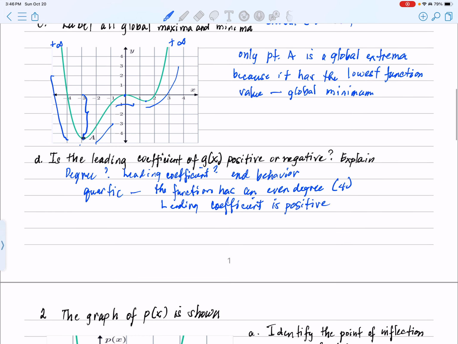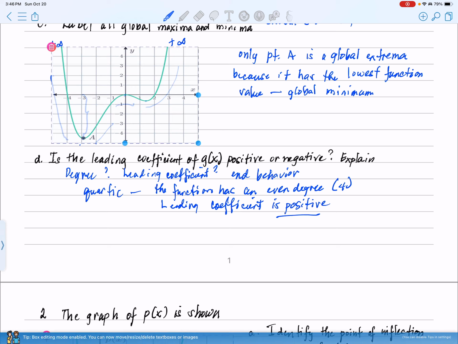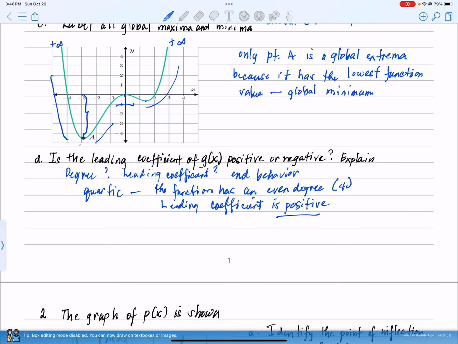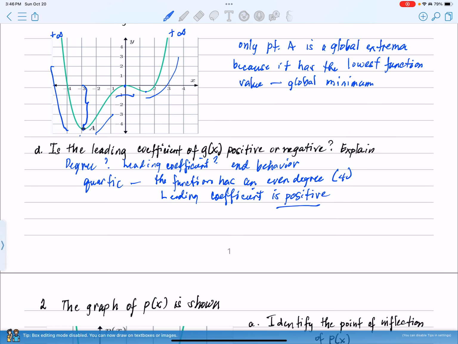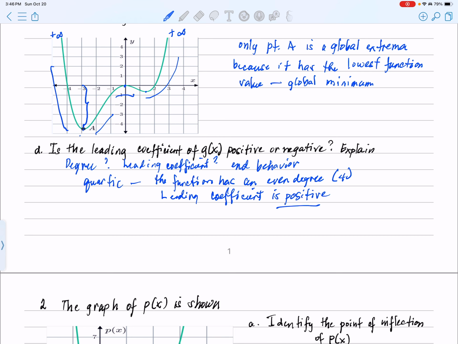So that means the leading coefficient is positive right there. We've answered. But I'm just explaining in case it's not given, or there's no arrow at the end, so you have to be sure that it tells you the direction or the end behavior.